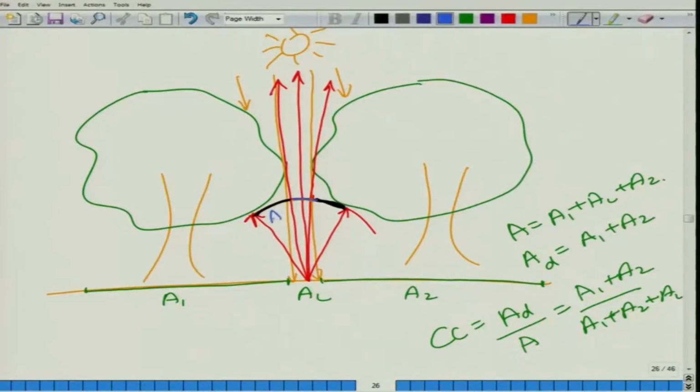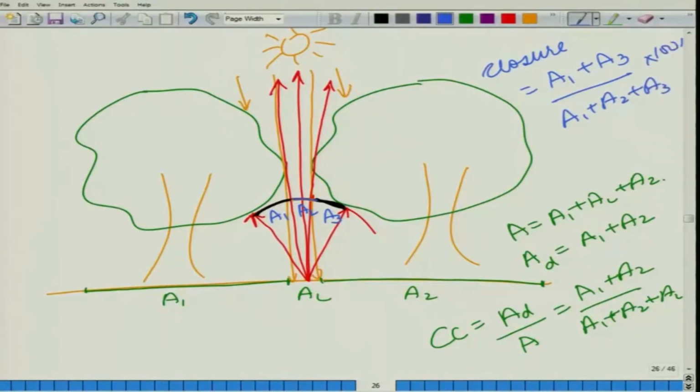So, let us call it A1, A2 and A3. So, in the case of closure will be given by A1 plus A3 divided by A1 plus A2 plus A3, maybe in percentage terms. So, that gives us the canopy closure.